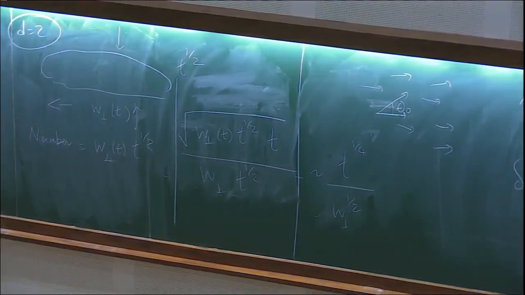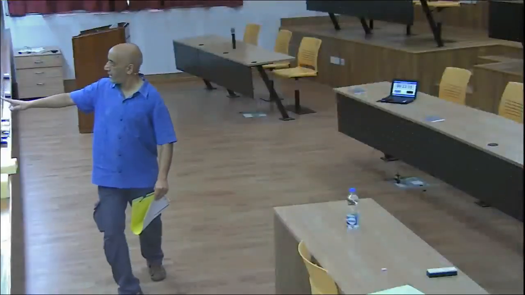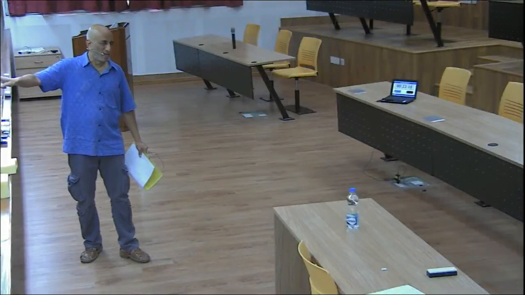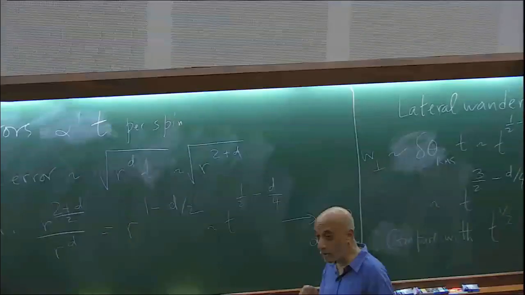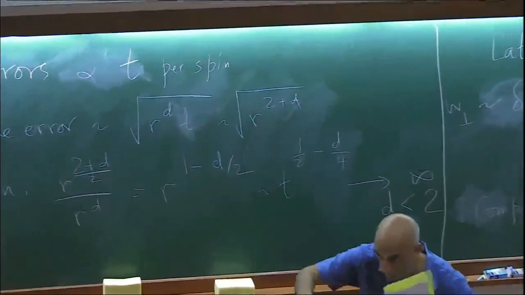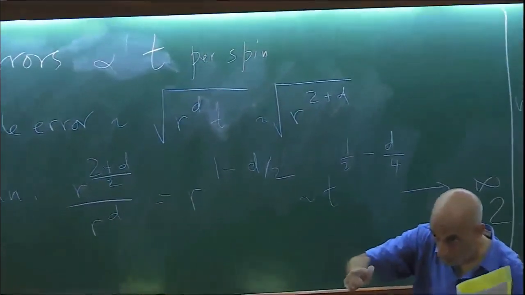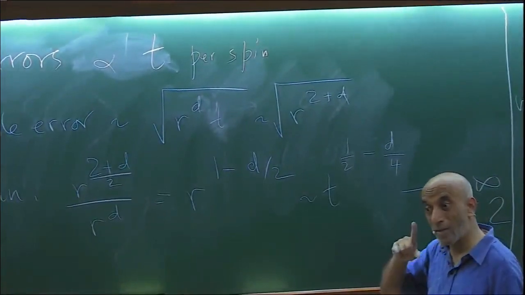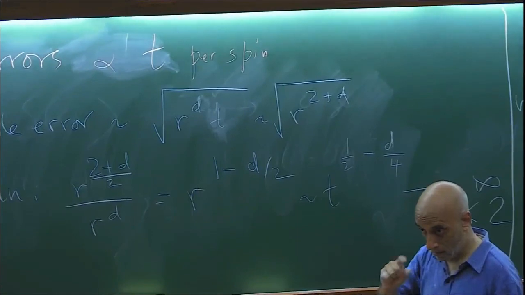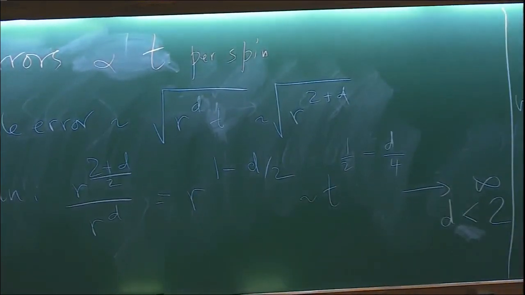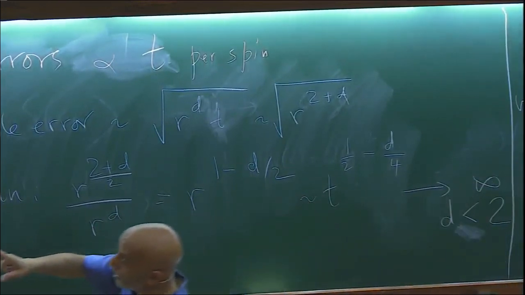If it is just plain xy, this in 2 dimensions was actually t to the 0, which is in fact a log. We're going to try to see if we can somehow get an argument using the fact of lateral wandering in this ordered phase to see if the dominant effect at long times is a t to the minus something. We've already seen that it's the lateral wandering rather than diffusive spread that dominates. So we need to calculate w perp.